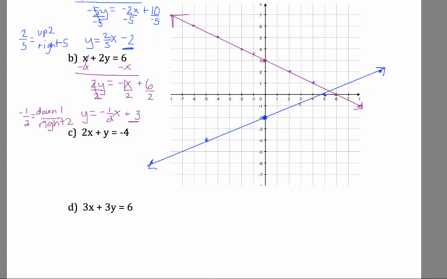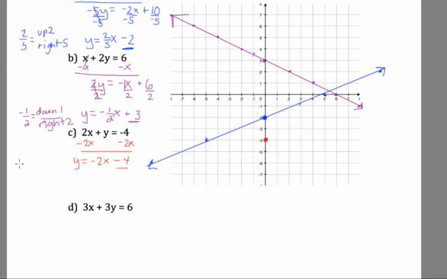Part C. Get y by itself. Subtract 2x from both sides. Again, not like terms, so I can't add together the negative 2x and the negative 4. Okay, y is by itself. Now I can graph. Start with your b number. Your y-intercept is negative 4. So go to the y-axis, make a dot at negative 4.